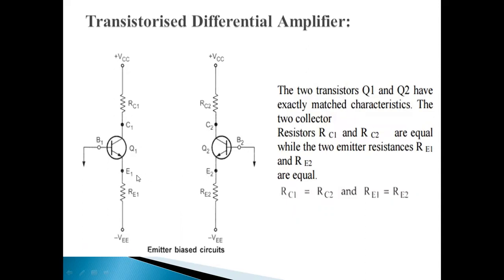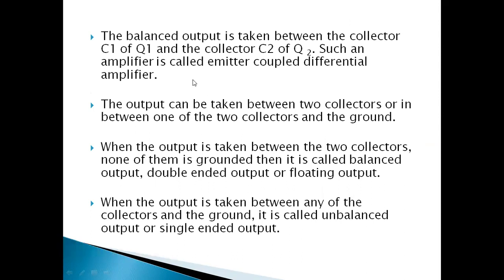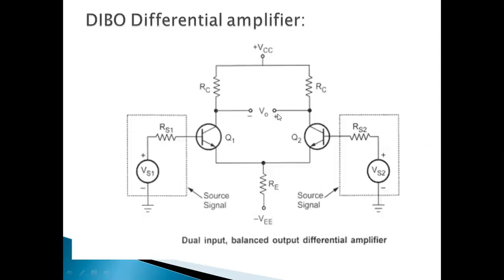Whenever we connect these two emitter terminals, the parallel combination is considered one single resistance, Re. And next we apply the input signals to the two bases of the two transistors: VS1 to base B1 and VS2 to base B2. Now let us take the figure.